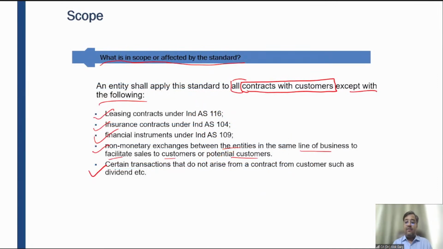Like if it is a leasing contract, then the revenue should not be covered under Ind AS 115. It should be as per Ind AS 116. Insurance contracts, financial instruments, non-monetary exchanges, and certain transactions which do not give rise to a contract with a customer, like dividend, right?